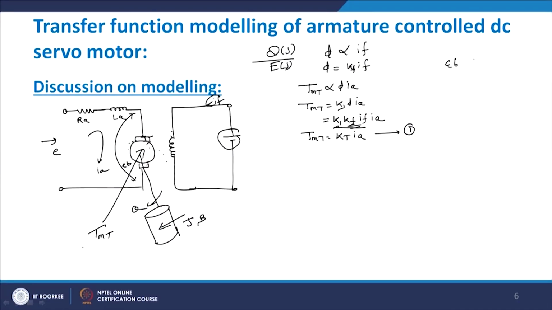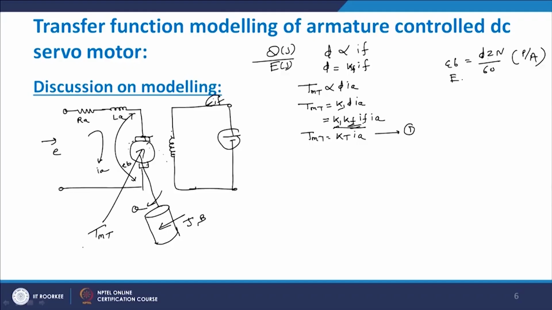Back EMF is very important in a motor, because whatever current flows in the motor depends upon this back EMF. If you see, the back EMF Eb equals phi Z N by 60 into P by A. This expression you might have studied in the electrical machines subject: flux, number of armature conductors, speed, P poles, and A the number of parallel paths. Here Eb is proportional to speed.